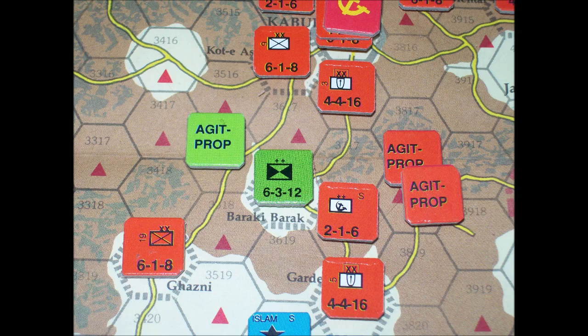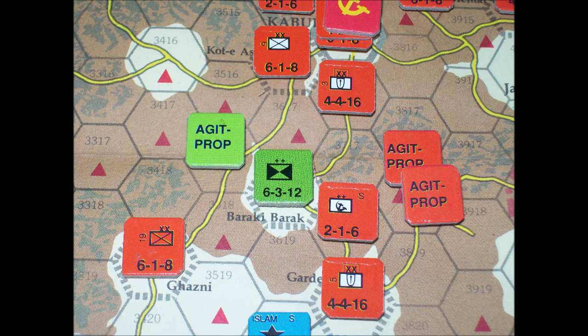Some of the other effects of subversion, in addition to neutralizing an enemy unit that happens to be in the area and converting the population to your side: if you're dealing with an unreliable unit, like this Afghan green unit, it can defect, which means it will go over to the other side.